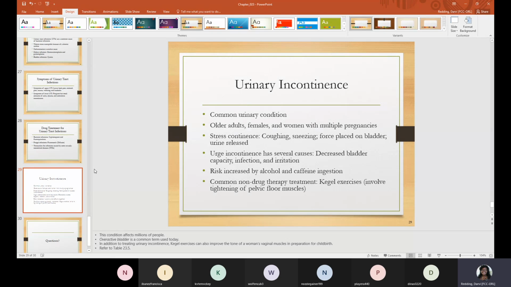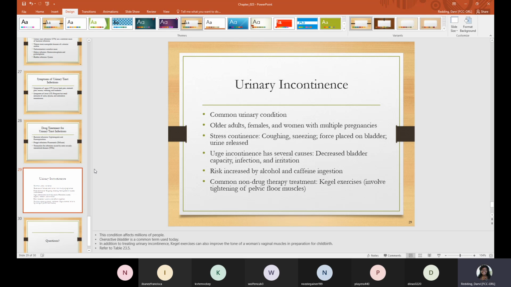Some things that can cause urinary incontinence include stress incontinence, which could be through coughing, sneezing, or a force that's placed on the bladder, and then the urine is released. There's also urge incontinence, which has several causes, which could be a decreased bladder capacity, or a person having an infection or irritation.